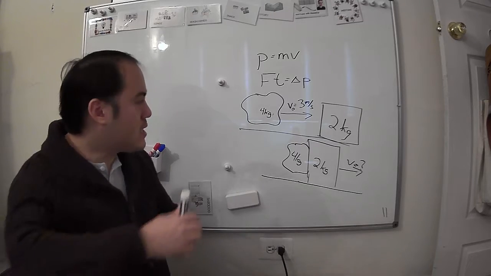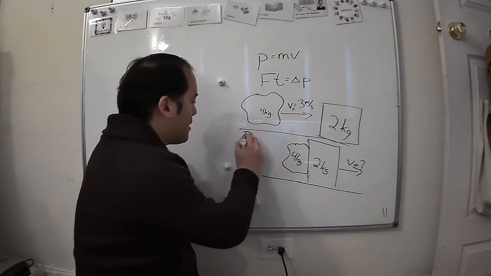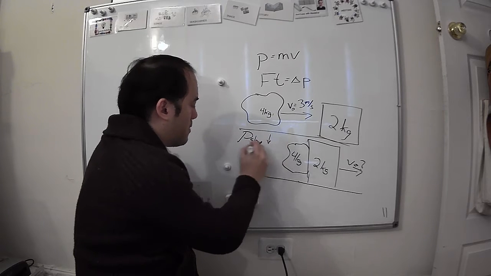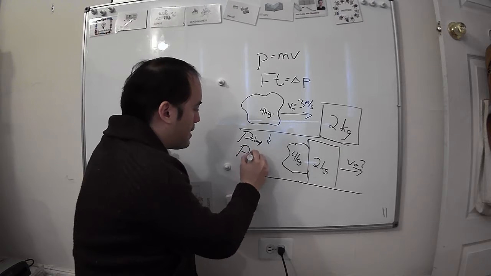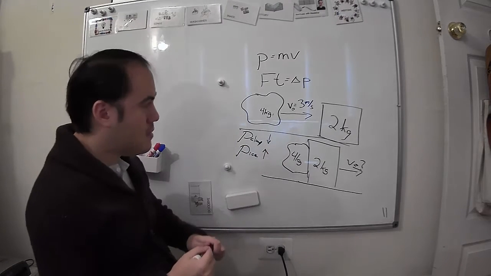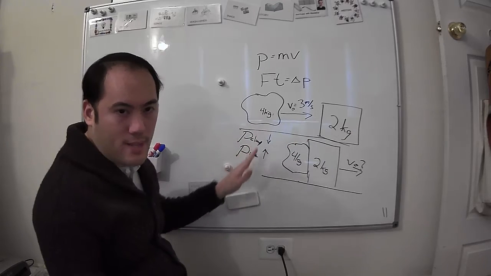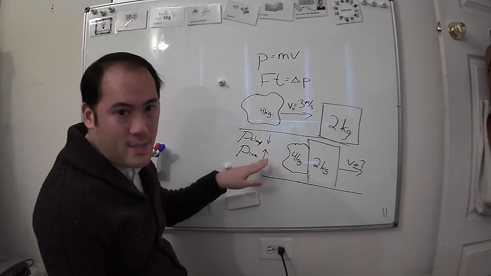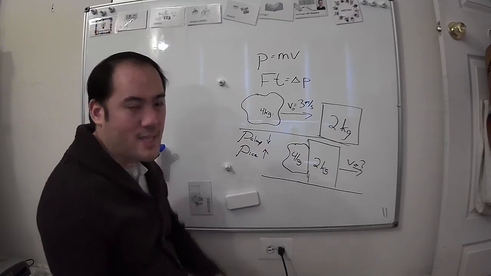So both things change. P clay will decrease, and P ice will increase. The clay hits the ice, it will slow down. The ice gets hit by the clay, it'll speed up. So P clay drops, but P ice rises.